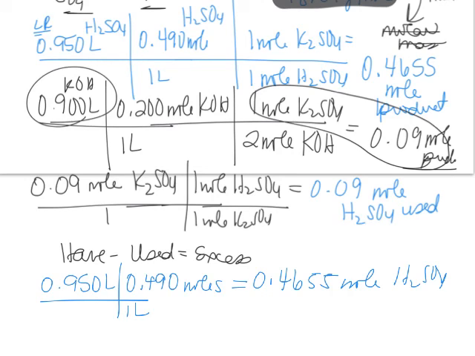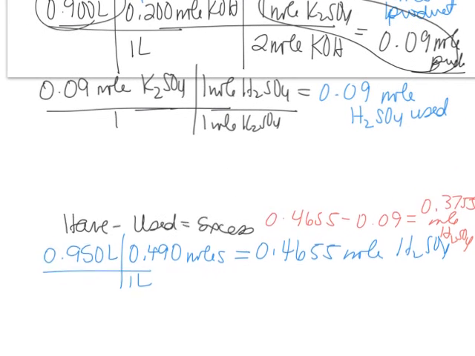So when we take 0.4655 minus 0.09, put that in my calculator, we get 0.3755 mole of sulfuric acid left over, but the question's asking for concentration.